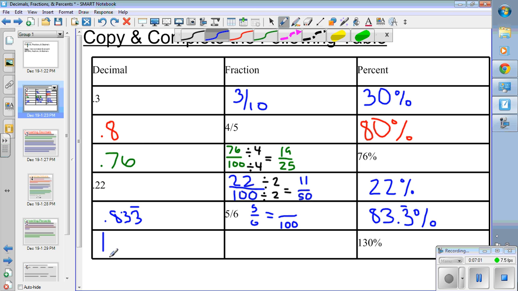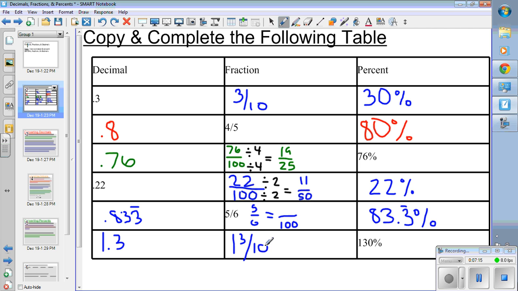All right, I'm jumping ahead. All right, so we get 1 and 3/10. And here we get 1 and 3/10. It makes it so much easier when you actually say your decimals correctly. Okay, so moving on, because I am taking my sweet old time with this apparently.